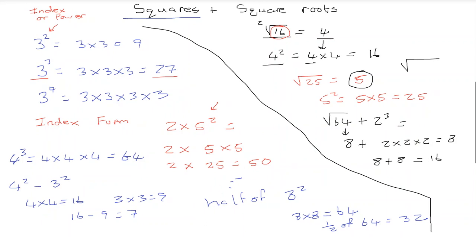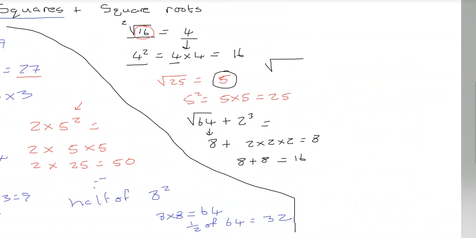Let's think of some other examples that you could get when you're dealing with square roots. If you had something like 3 multiplied by 2 to the power of 2, plus 2 times the square root of 81.